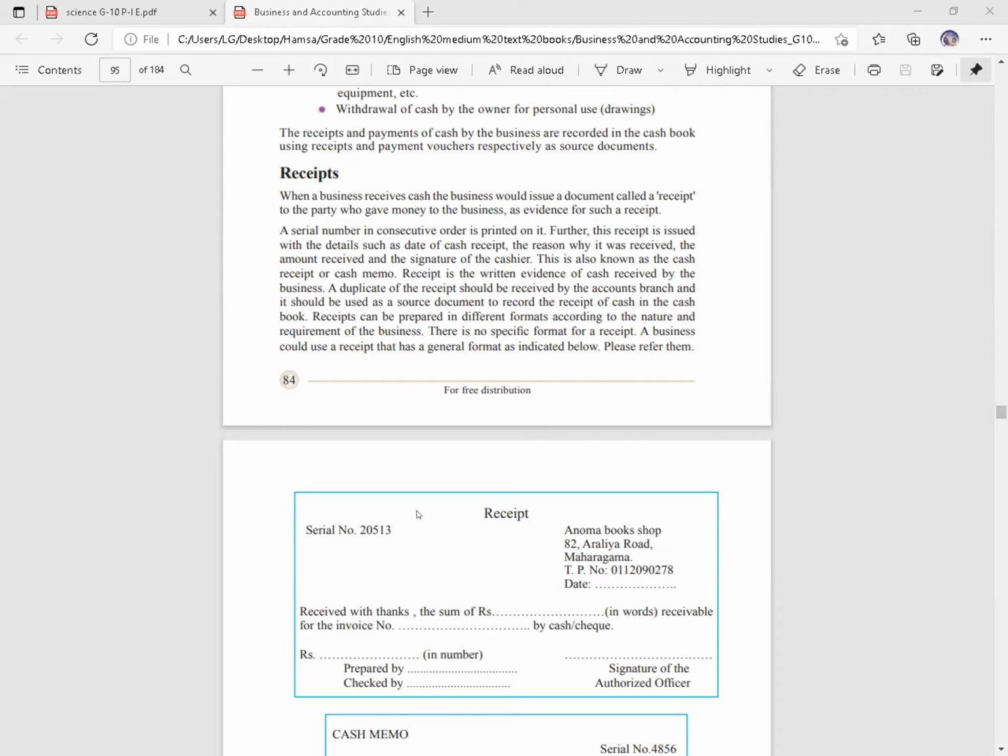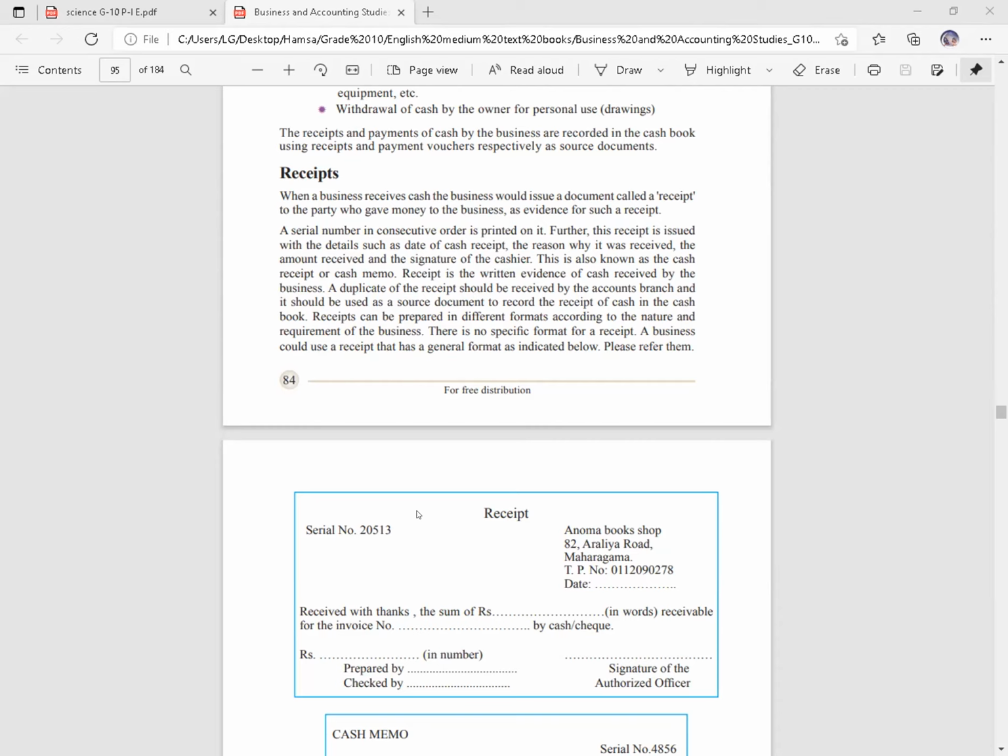If you have records, you can show them to that debtor: you paid this amount on this date, and you will be getting the signature also. So you can show that evidence to the debtor when there is a problem, right? If you don't have any receipts or evidence, there will be problems inside the business.